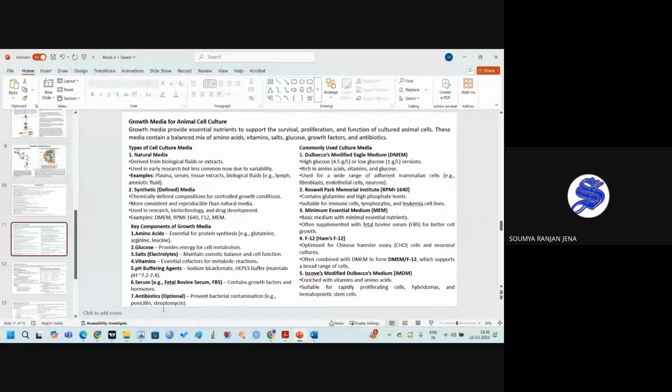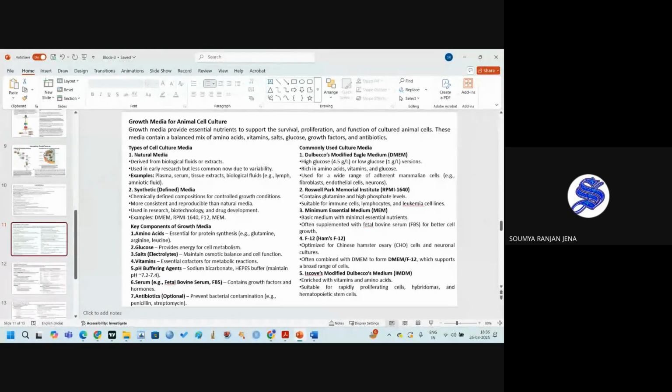Then, if you go to the different synthetic media, like Dulbecco's modified Eagle's medium, that is DMEM, this is a high glucose condition. Most of the time in cancerous cells, we use this high glucose medium, because cancerous cells utilize the maximum glucose, they are using the glycolysis process.